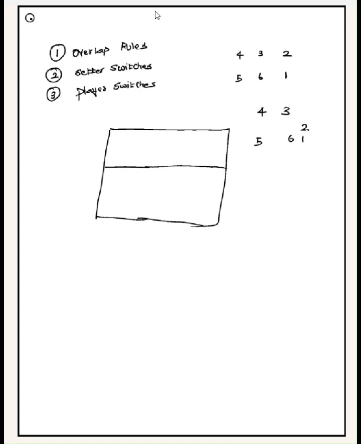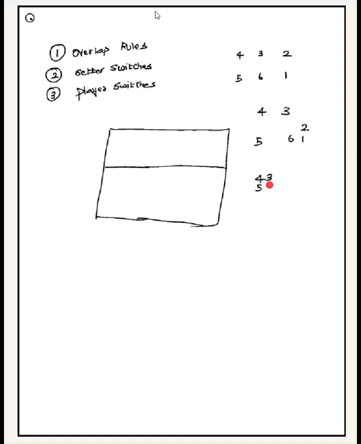If you see this, it's not violating the overlap rules. 1 is not going beyond 2 and 2 is not going beyond 1. So basically, without violating the overlap rules, this is one valid position, but obviously we will not be standing like this.